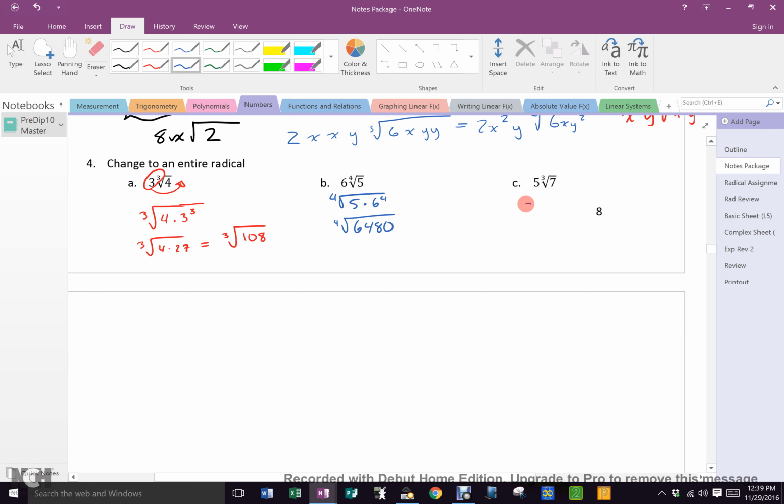And this one is a cubed root of 7 times 5 cubed. 5 cubed is 125 times 7 is 875. Can everybody do that? It's the exact same as squaring, right? There's nothing special to it.